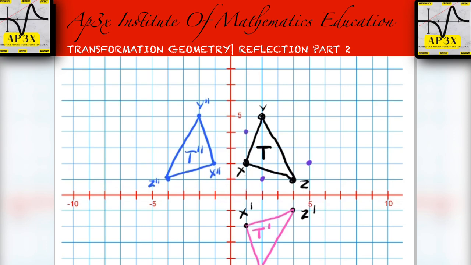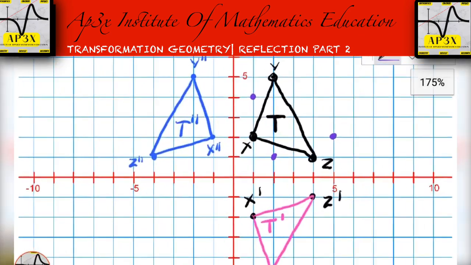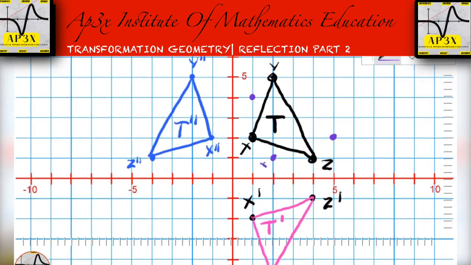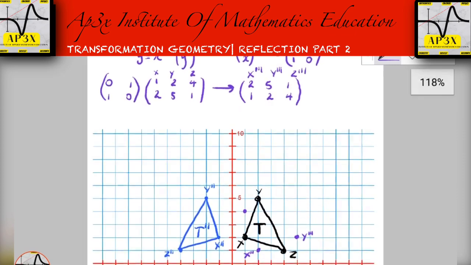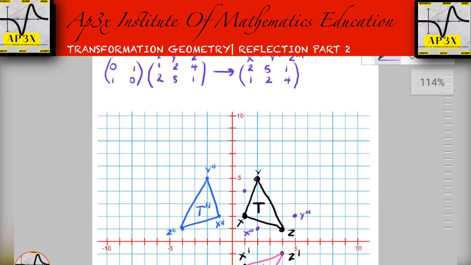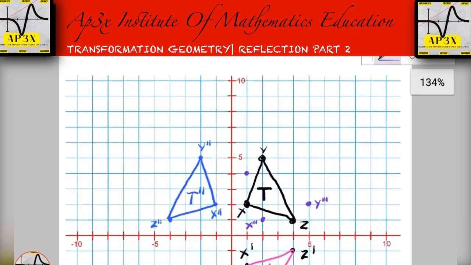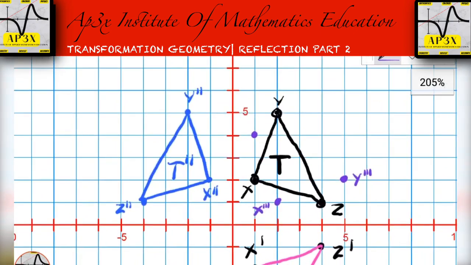So basically then we end up, let's just zoom up here and label this. This is going to be my x. So we have x triple prime, this is y triple prime, that's 5 2, and then z, that's 1 4, so this is z triple prime.